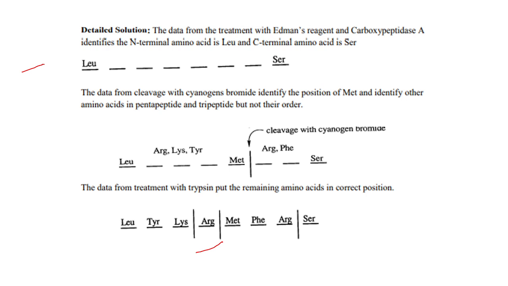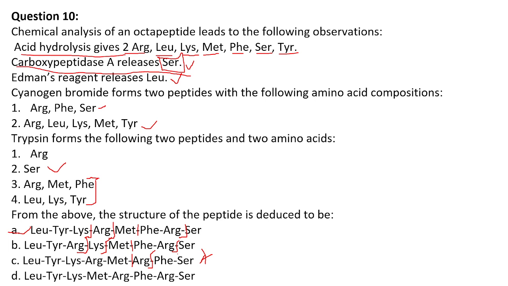Now, out of the two, we need to understand which one will be the right answer. So let's cleave. We'll have a serine, then we'll have a cleavage site at this one and this one.